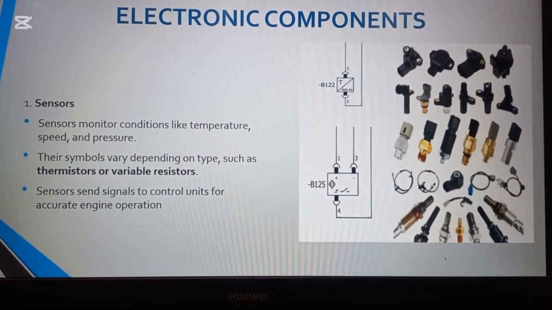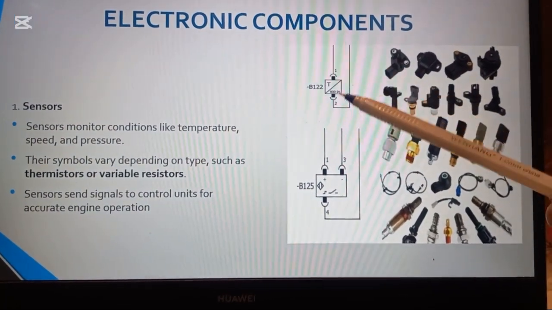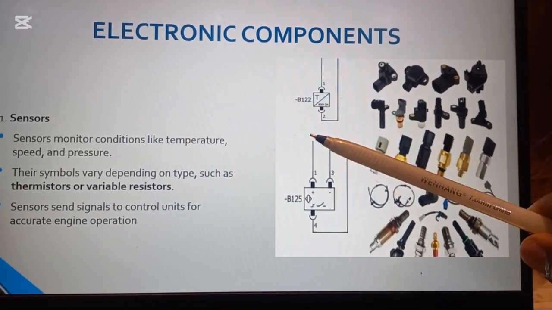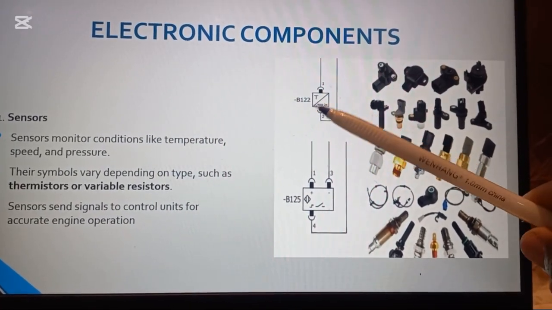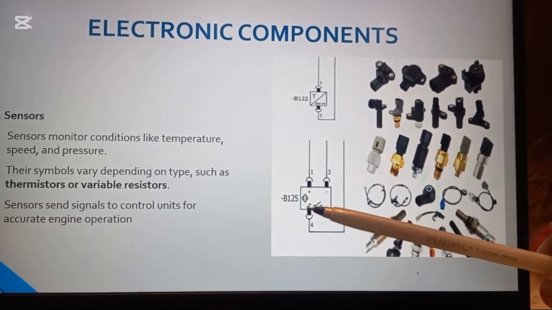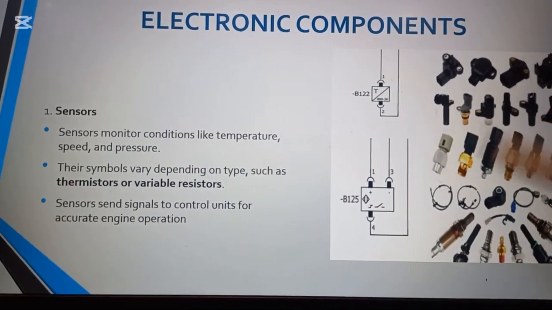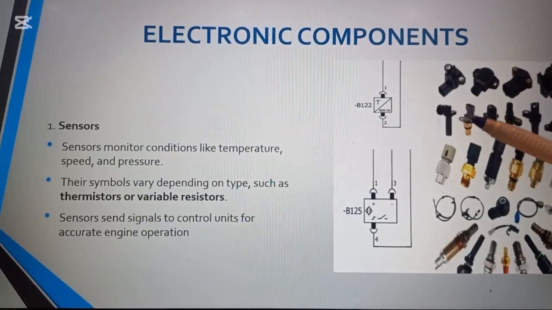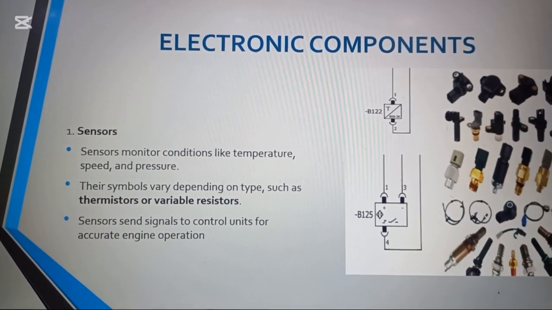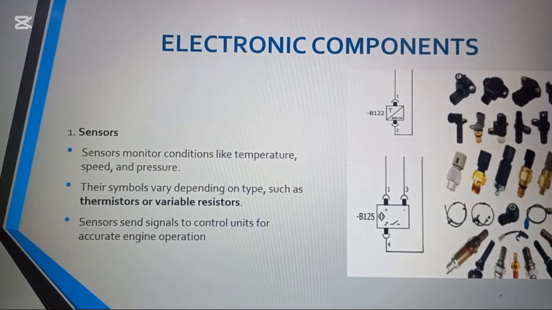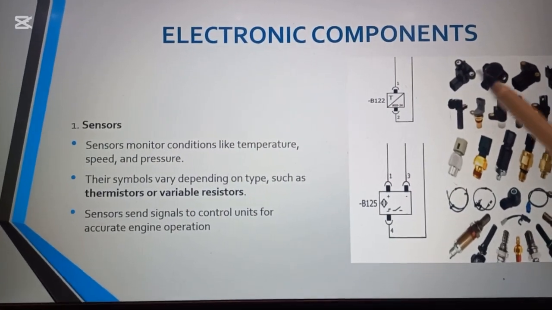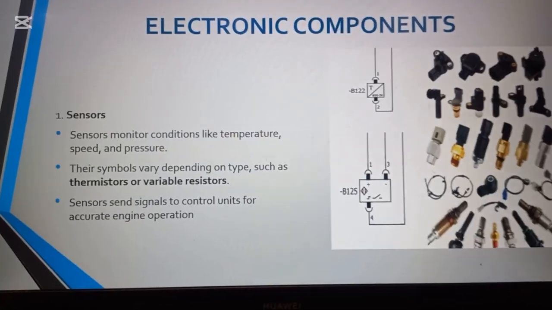For example, this one is a temperature sensor, and this one is a proximity sensor. The symbols vary according to the use of the sensor, and as you can see in the normal view, these are types of sensors. They look different here, and something different in the schematics.